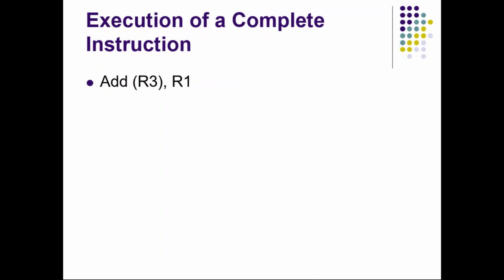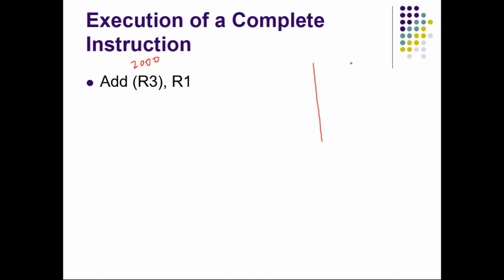So this is the instruction which we are taking. We'll be seeing step by step how this is getting executed. The instruction is add (R3), R1, but R3 is given within brackets, which represents that it is a memory indirect address. Okay, so R3 contains some content. Say if R3 is 2000, then it means that it refers to the value at location 2000.